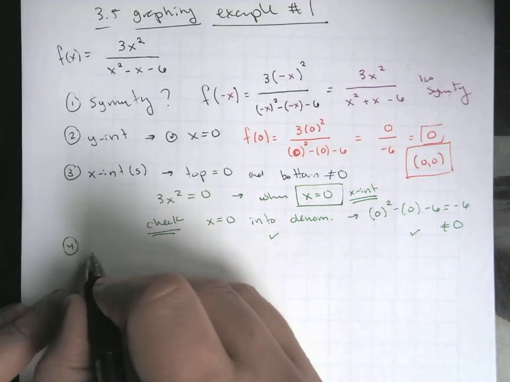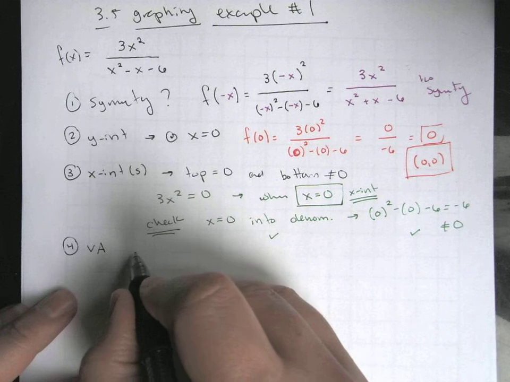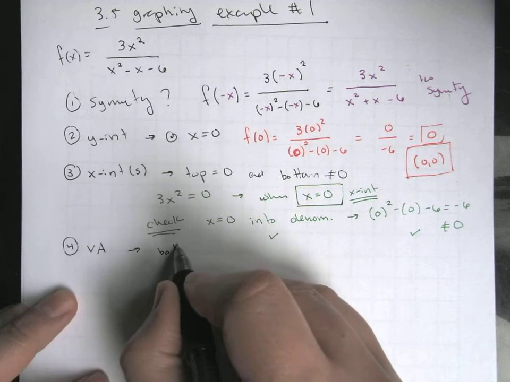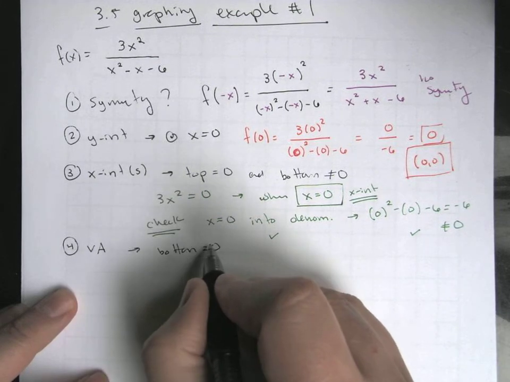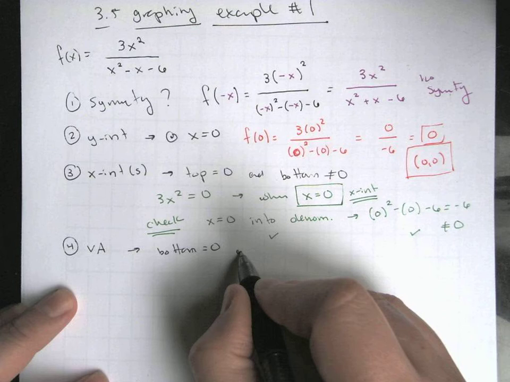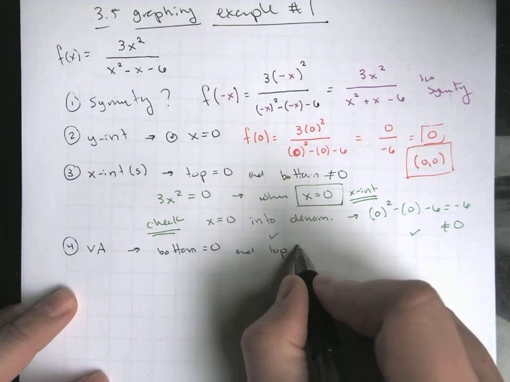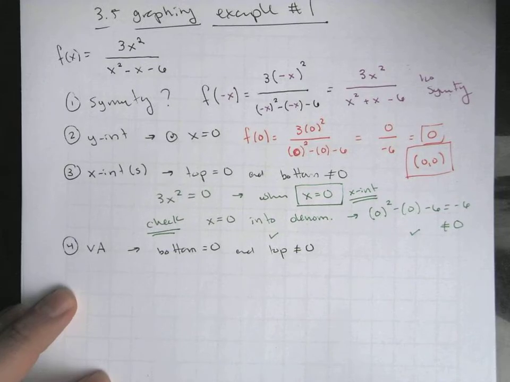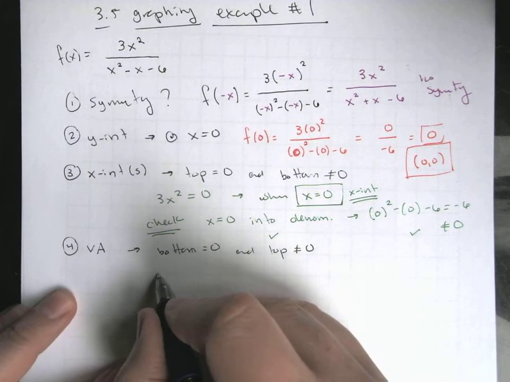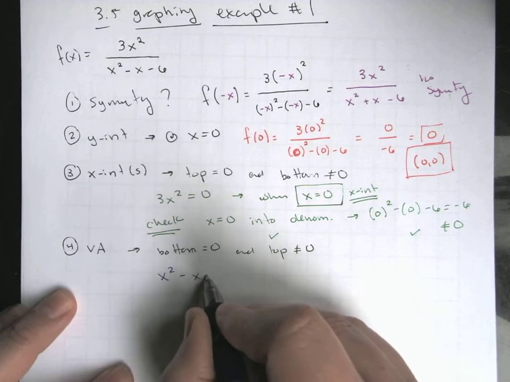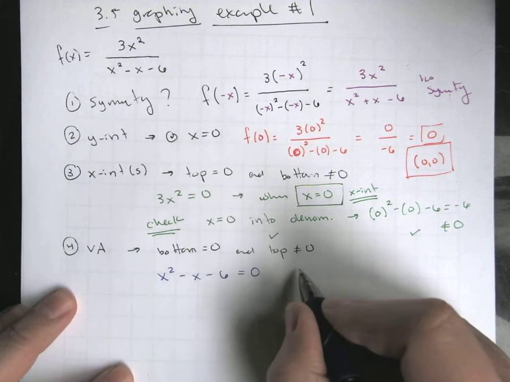All right, some of this new stuff, potential vertical asymptotes. To get that to happen, we need the bottom to be equal to 0, and we need the top to be not equal to 0. So what was the bottom? The bottom for us here is x squared minus x minus 6 equals 0.